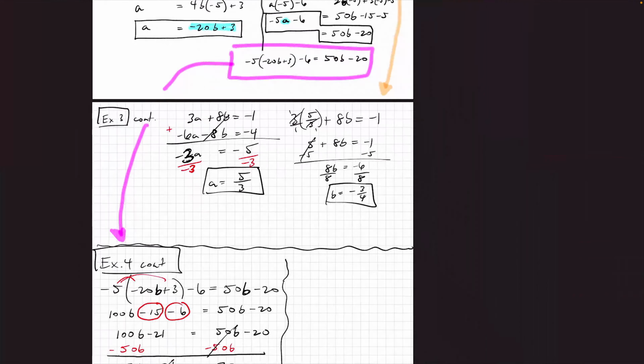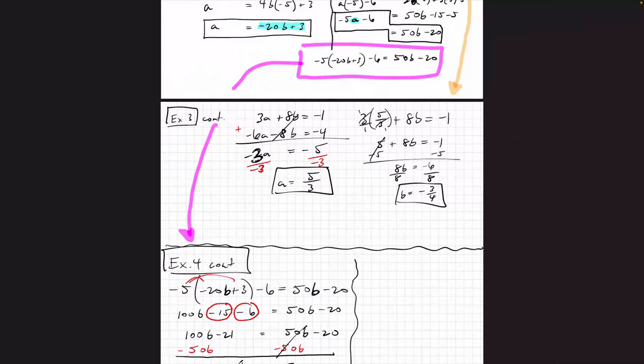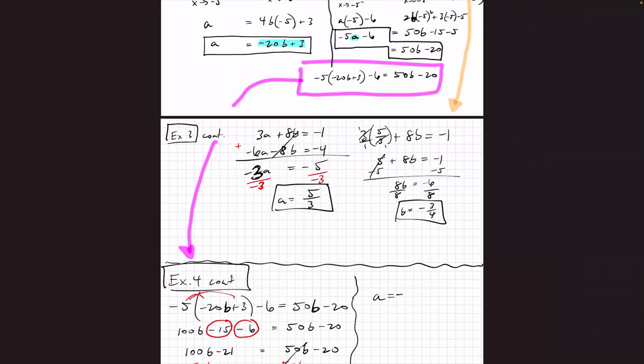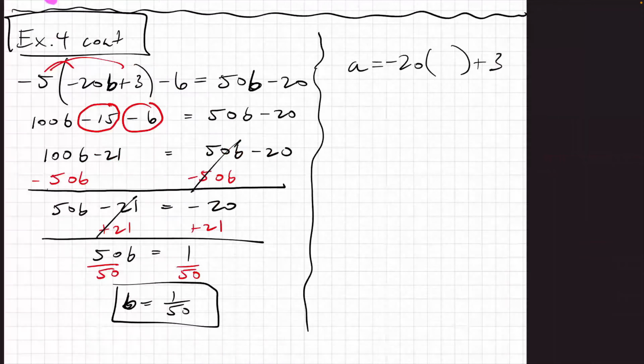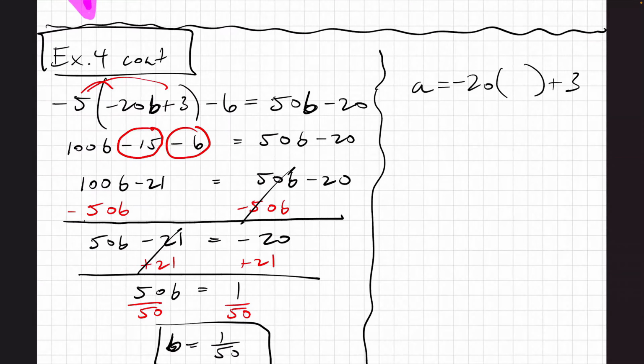So we get a equals negative 20 times b plus 3. We just found out that b is 1/50th. So you would get negative 20 over 50 plus 3.